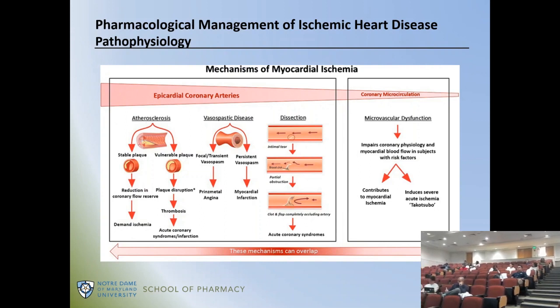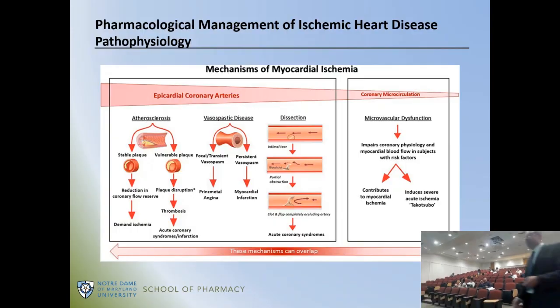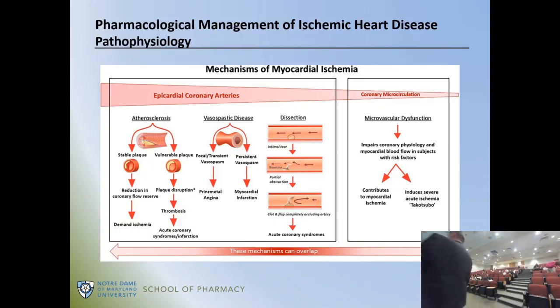It doesn't rupture or break open like a vulnerable or unstable plaque would. A stable plaque is a solid structure in the coronary circulation. It can grow and get larger over time, but it is highly unlikely to rupture and spill out its contents into the bloodstream, whereas a vulnerable or unstable plaque can do that.